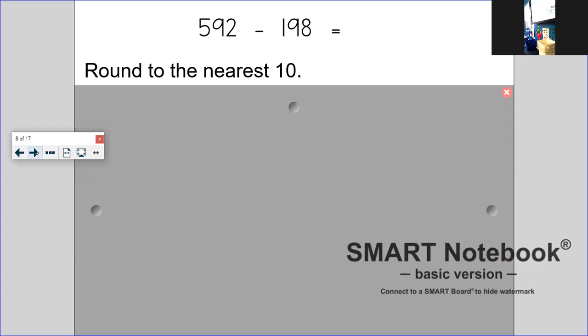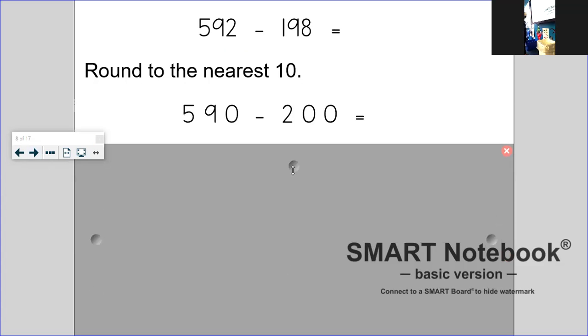Let's have a look at the next one. 592 take away 198. So we're going to go to the nearest 10 first. 590 take away 200. Okay, so you can see we've rounded on both of them. 592 has gone down to 590 and 198 has just gone up to 200.